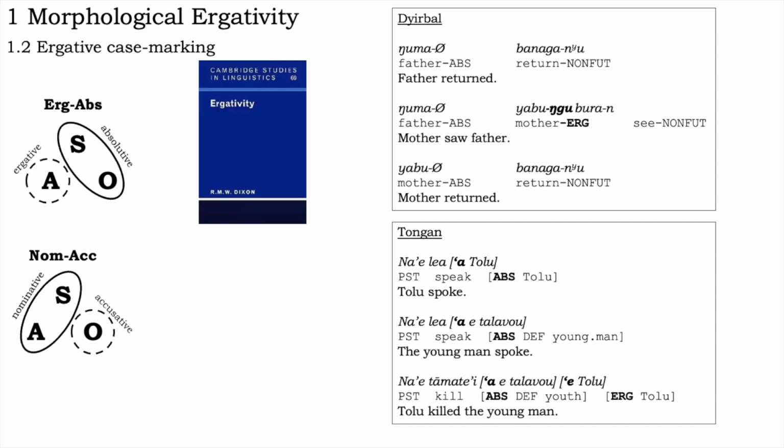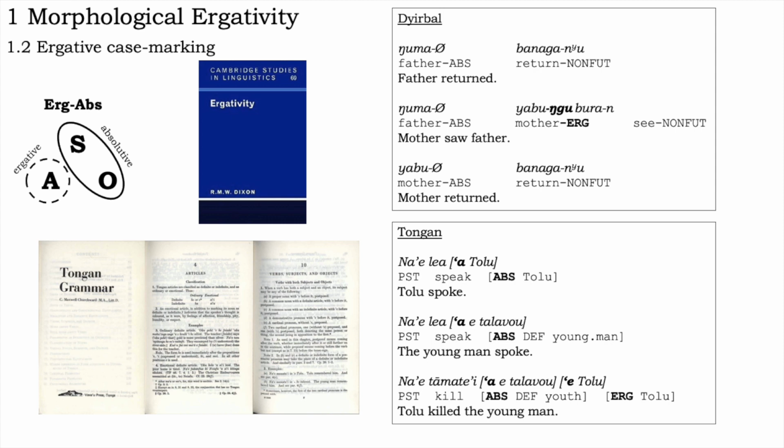This example is from Dixon, who doesn't provide glosses, but I have made my own by referencing C. Maxwell Churchward's 1953 Tongan grammar. For clarity, the noun phrases are chunked off with square brackets.